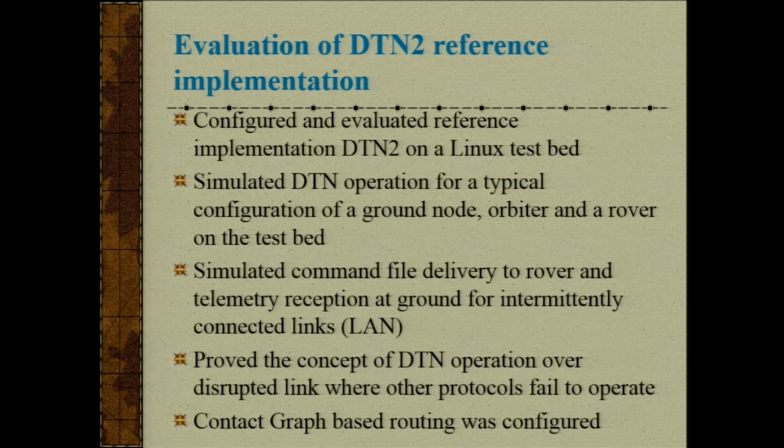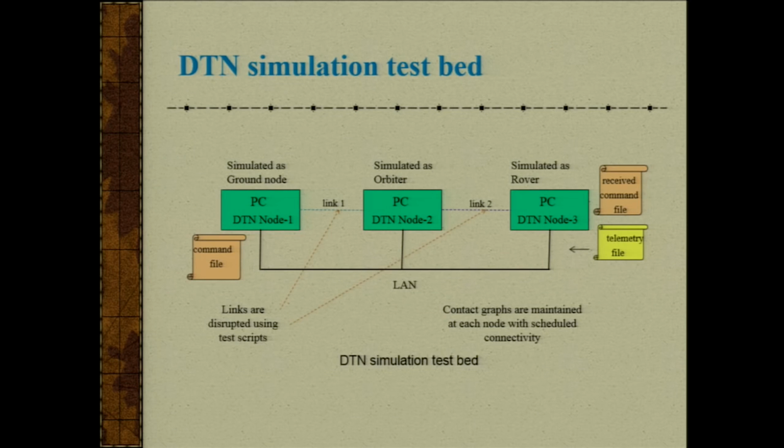The links we have simulated on LAN. This proved the concept of DTN operation over a disrupted link where other protocols fail to operate. We have tried TCP in a scenario where it failed. Contact graph based routing was configured for this simulation. Next slide. Okay.